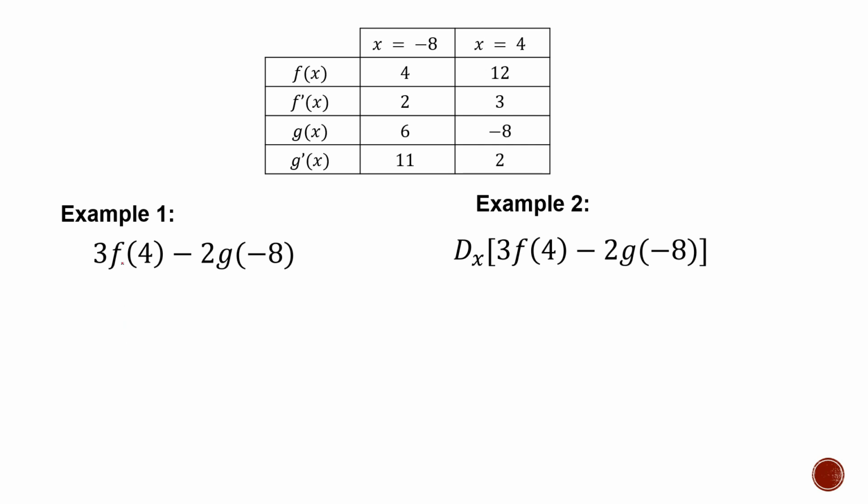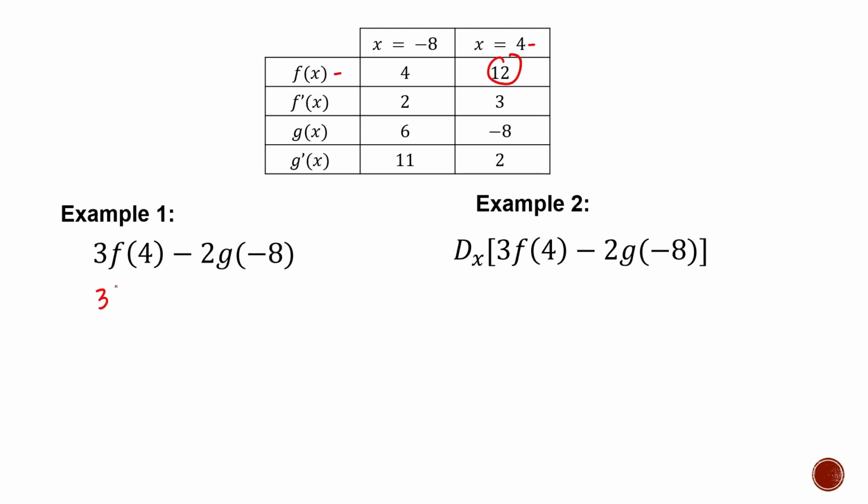Okay, so for the first one, given the table, we need to compute 3 times f of 4 minus 2 times g of negative 8. So f of 4, the f function is this, and this is 4, that means it's 12.